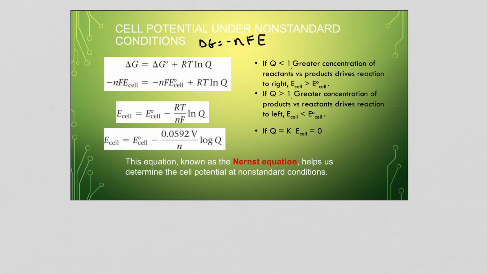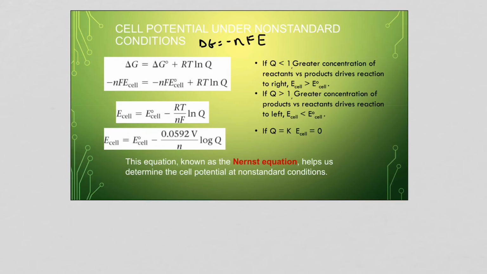Under non-standard conditions, it's still going to equal negative nFE, the cell potential at those conditions, equals negative nFE standard, plus RT ln of Q. So that gives us this equation, where the cell potential at non-standard conditions equals the standard cell potential minus RT over nF ln of Q.